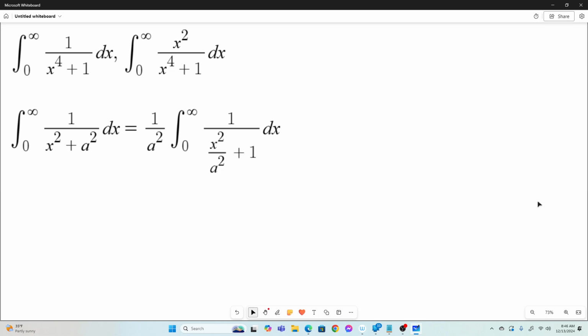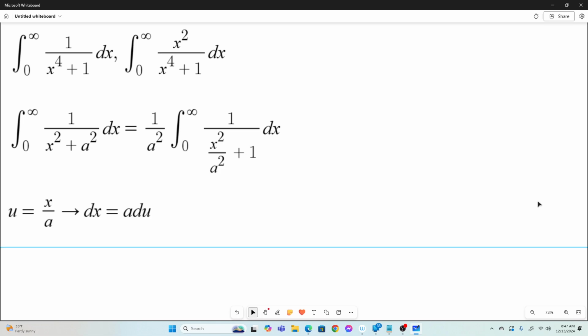And then we're going to factor out a 1 over a squared, giving us the integral from 0 to infinity of 1 over x squared over a squared plus 1. And next, we'll perform the substitution that u is equal to x over a, giving us dx is equal to a du.